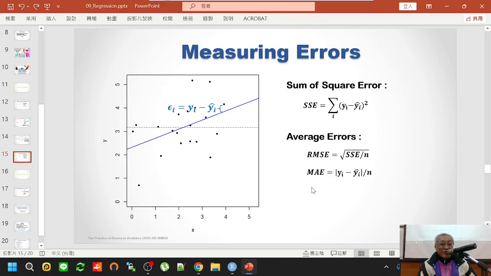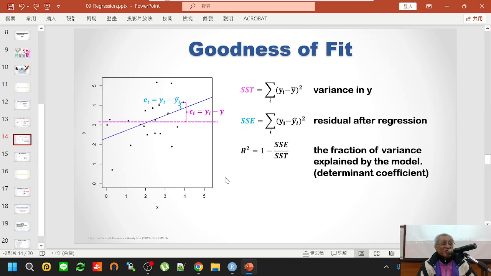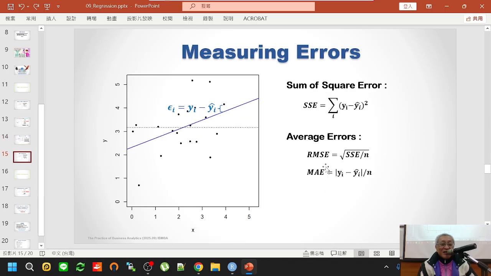And if you care about the actual average error, then you can use this MAE. However, we can say that if you have a larger average error, then you will have a lower R squared. So R squared is the higher the better, and MSE and MAE the lower the better.